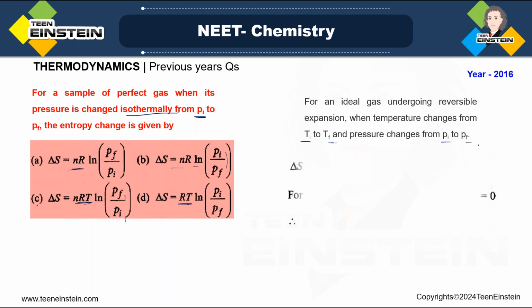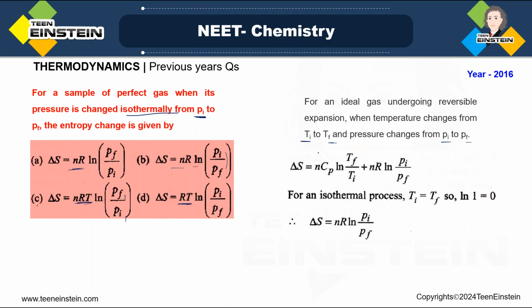Then the relationship is like this: nCp ln Tf by Ti, minus nR ln Pf by Pi. But in this case, as the temperatures are the same, this part will be 0, and ultimately what we will get is only this part, which is nR ln Pi divided by Pf.